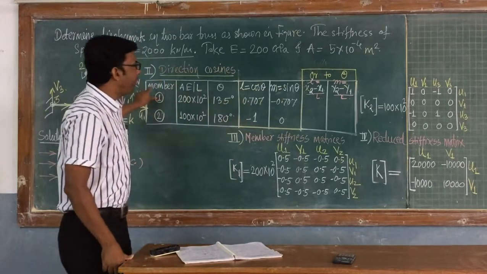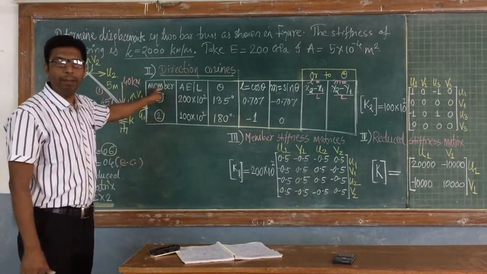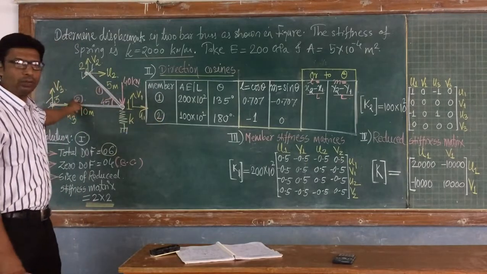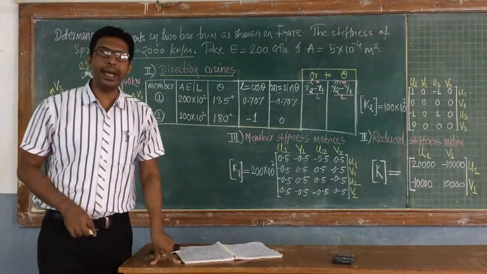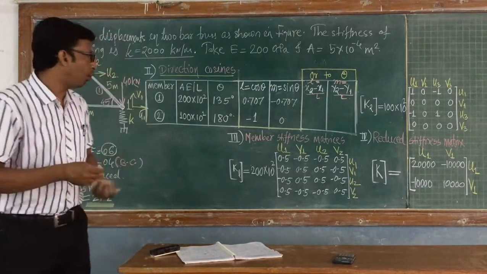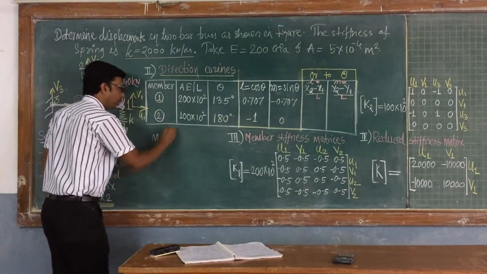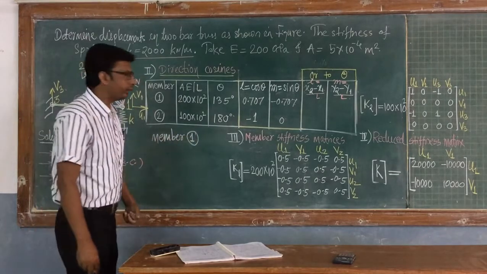Okay, so it is better to prepare one table. First column represent member 1 and member 2, 1 and 2. Then AE by L. Second column represent AE by L calculation. So AE by L calculation for member 1.